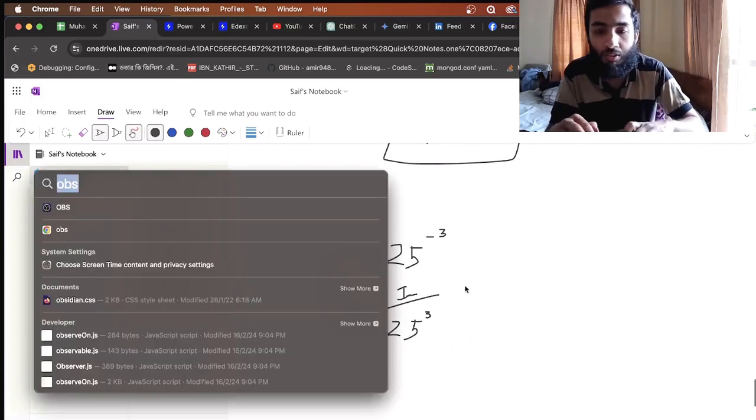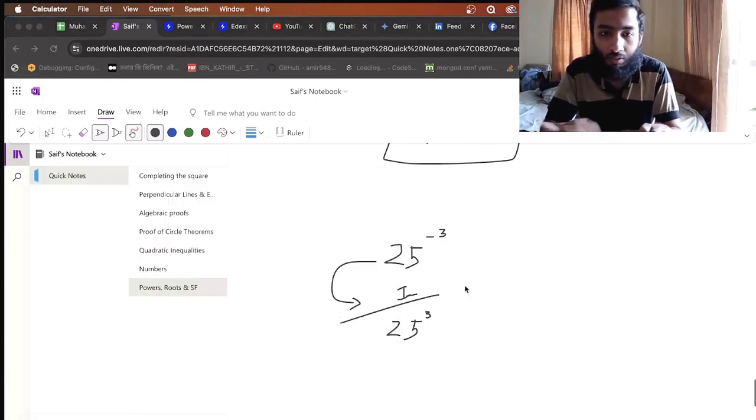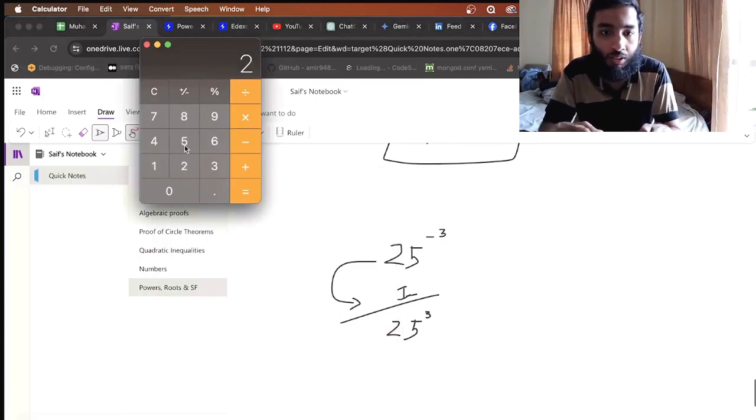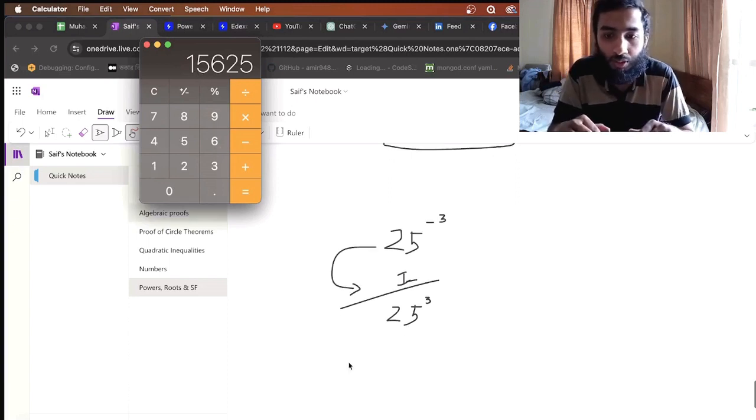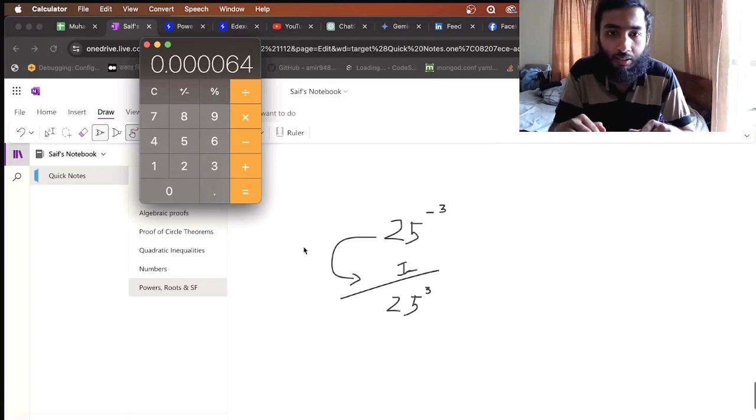Now if we open the calculator, we can just do it with the calculator. If we multiply 25 thrice, 25 multiplied by 25 multiplied by 25, we get 15,625. If we divide 1 by 15,625, we get 0.000064.